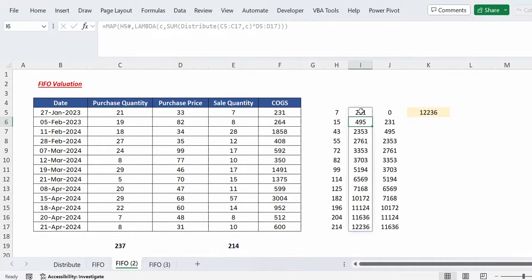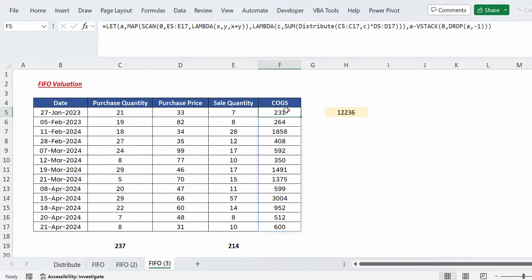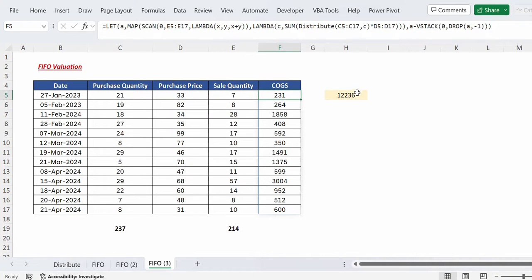So that we did using drop and v stack logic, and we got a result here like this. And then finally what we did, basically we tried to wrap all the things, all the working inside a single formula.